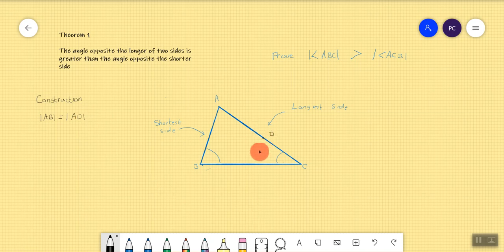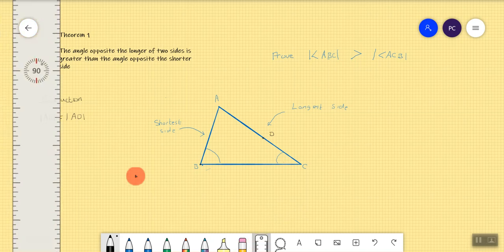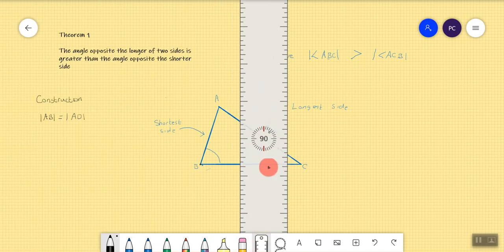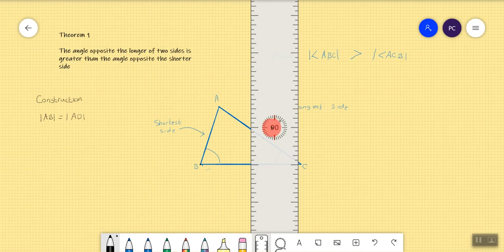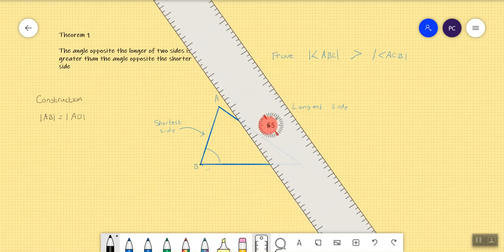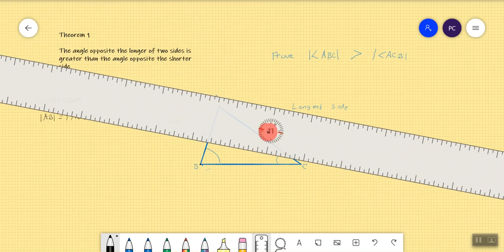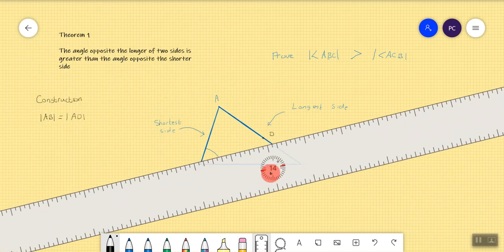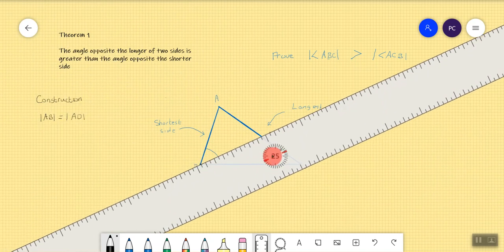And then what we want to do is connect point B to point D. So I can use my ruler here to do that. So let's get it around here. Okay, so we want to connect these 2 points here.